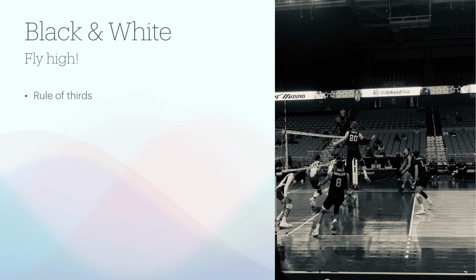For black and white, this photo is called Fly High. This is the men's USA volleyball team, and I watched them the other day as they played against Cuba. As you can see in this photo, number 20 is jumping to reach the ball, to hit the ball, and that is why I called it Fly High, because he's like flying as he's trying to hit the ball.